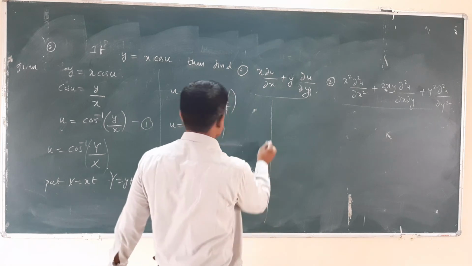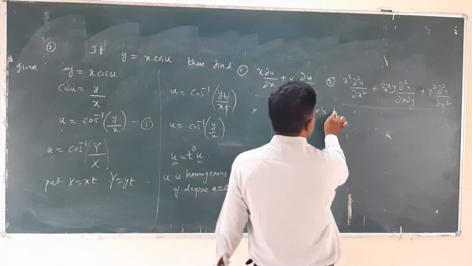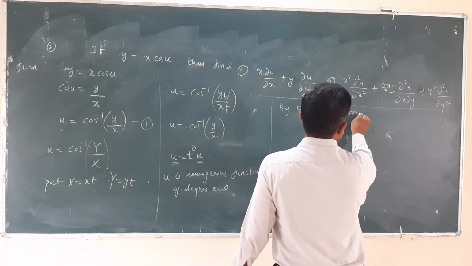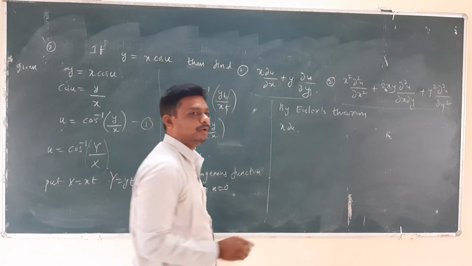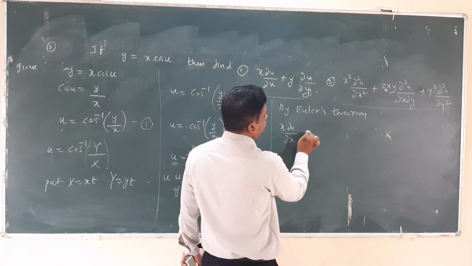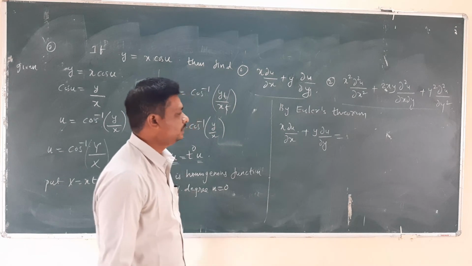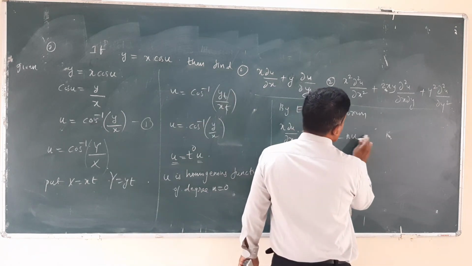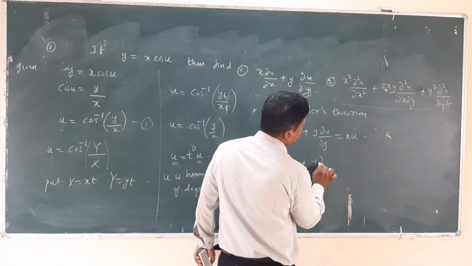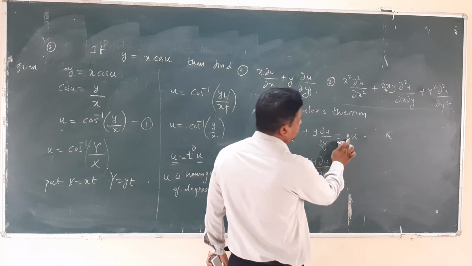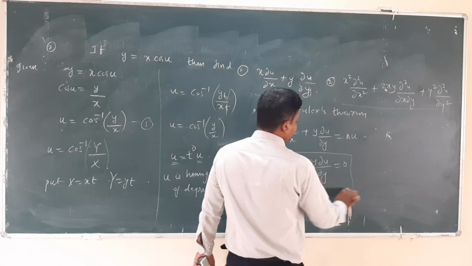Therefore, by Euler's theorem, x ∂u/∂x plus y ∂u/∂y is equal to n into u. Here n is 0, and 0 into u is 0. So this is our first result.